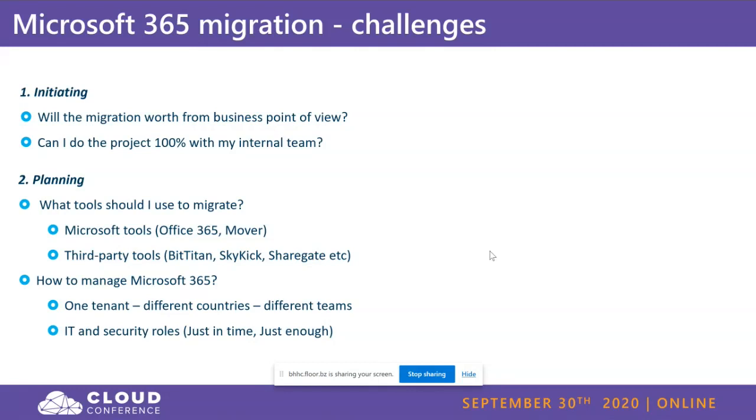We have used also Skykick. We have used also ShareGate. So it's important to understand if it is worth it or not, and why should I buy some licenses and use those services from BitTitan instead of using Mover or Office 365 tools.